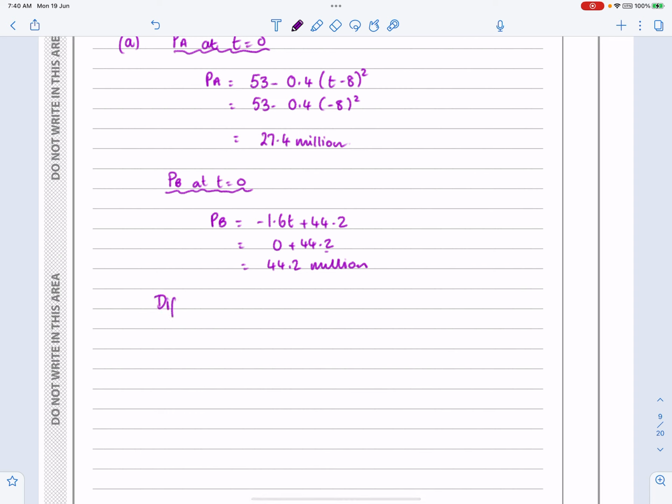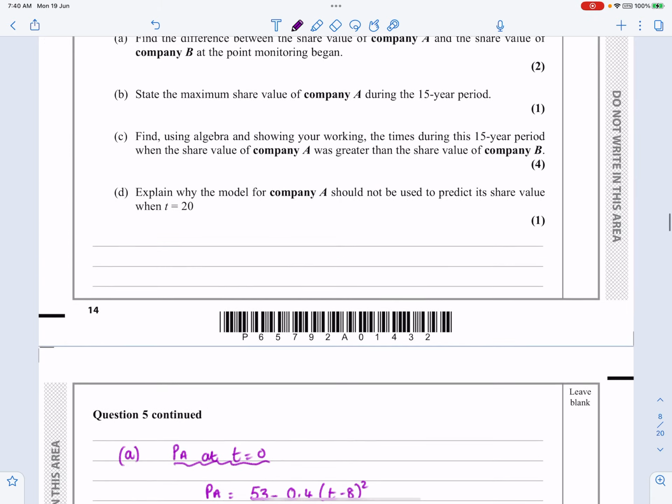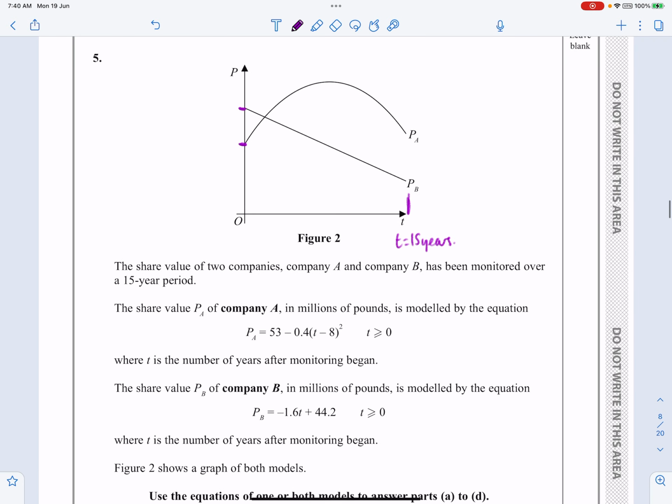So the difference is simply equal to 44.2 minus 27.4, which works out to be 16.8 million. Okay, so that's part A. That difference there is 16.8 million.